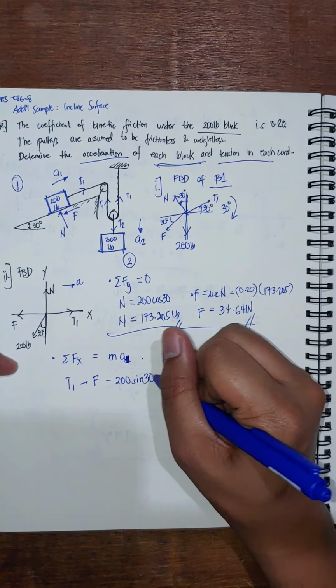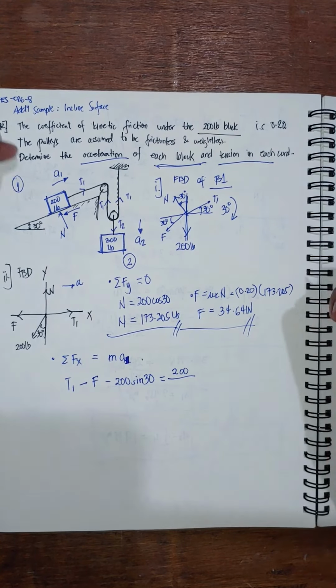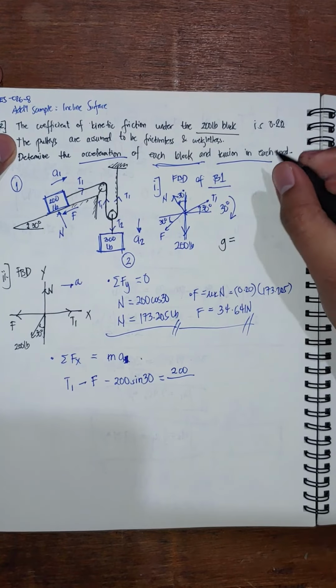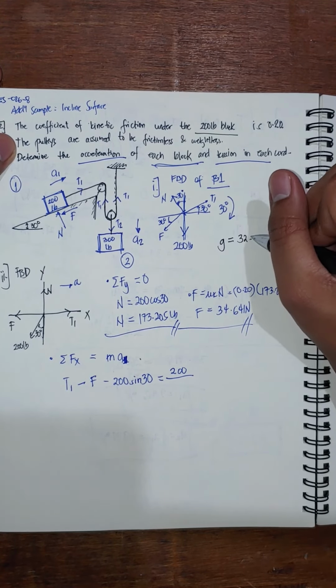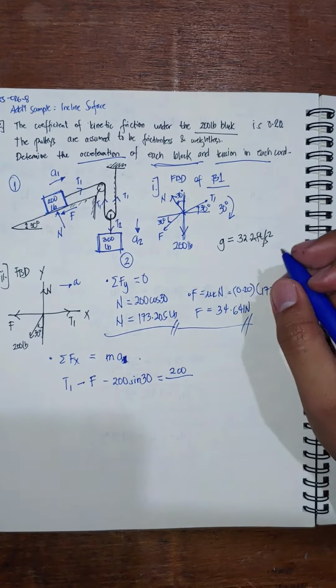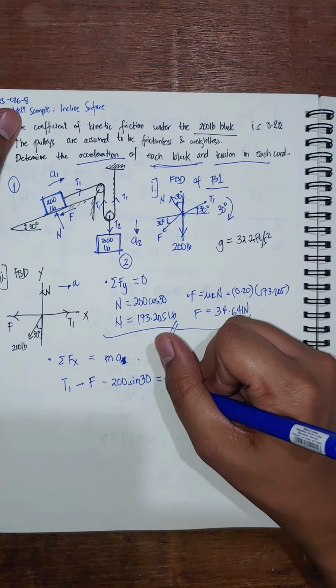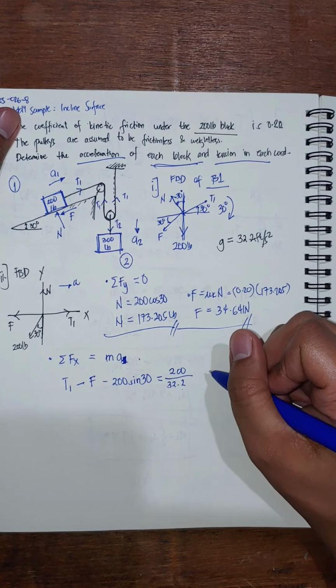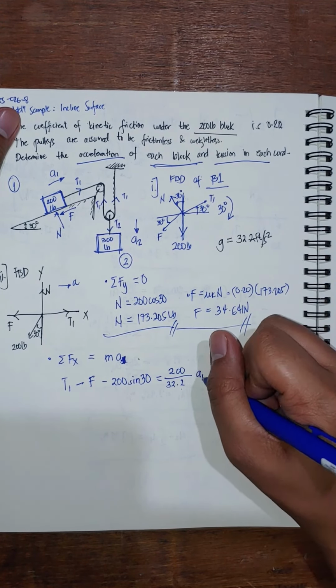This is 200 pounds, the weight, so we divide it by the gravitational acceleration. The gravitational acceleration in the imperial system is 32.2 feet per second squared. So the weight divided by the gravitational acceleration is 200 over 32.2, times the acceleration 1.